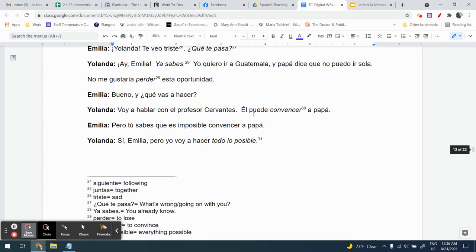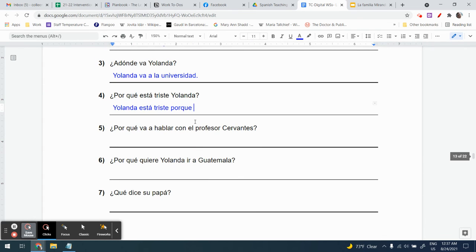So I'm going to look back up in my reading, and I see here it says, I want to go to Guatemala. Y papá dice que no puedo ir sola. I'm going to take this thing, papá dice que no puedo ir sola, and I'm going to use that. Porque su, I'm just going to add the word su for her, papá, because it's not my dad, it's her dad.